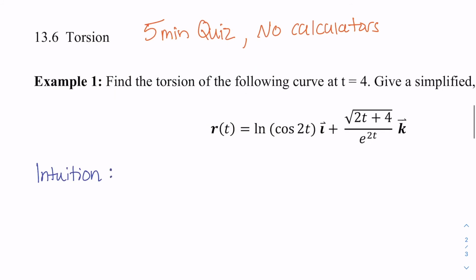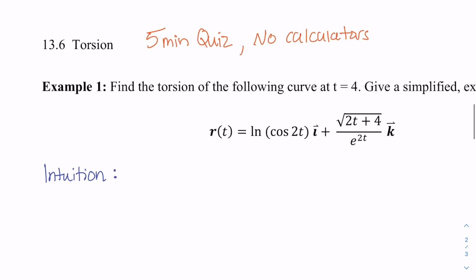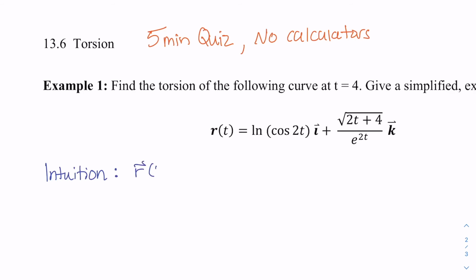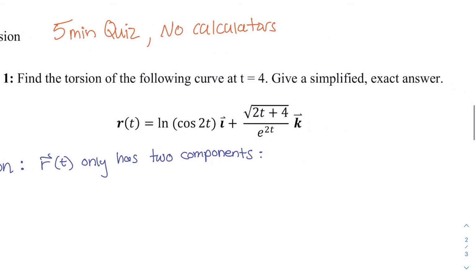is that we know that the idea behind torsion is the tendency for a curve to deviate from being in a plane. And this curve here actually only has two components. So r of t only has two components, which are the i and k.